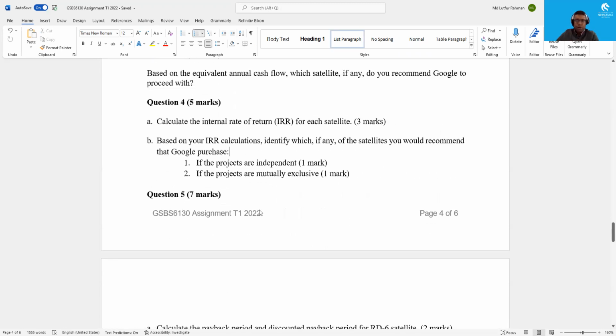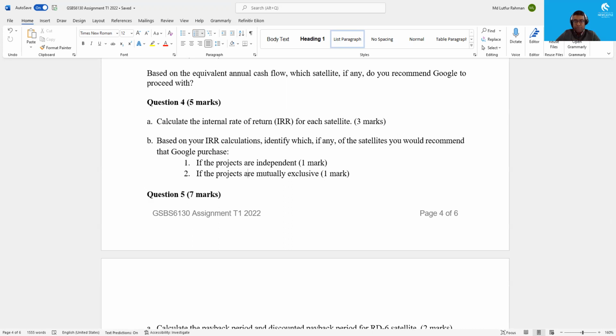Most of you, or almost all of you, did fine with the IRR calculation because you used the Excel function. And with regard to part B of the IRR question, you should clearly write down that if the projects are independent and if IRR is higher than the cost of capital, then you should accept the project. And for mutually exclusive projects, you should accept the project with the higher IRR.